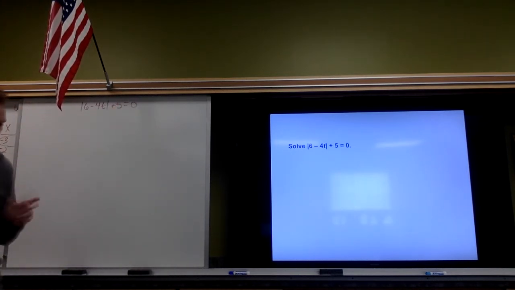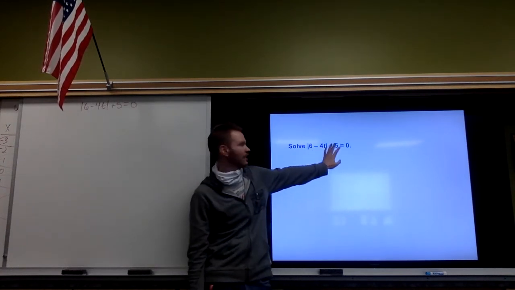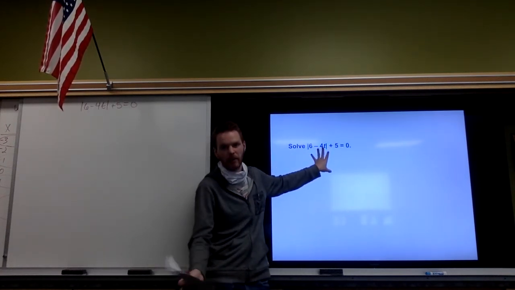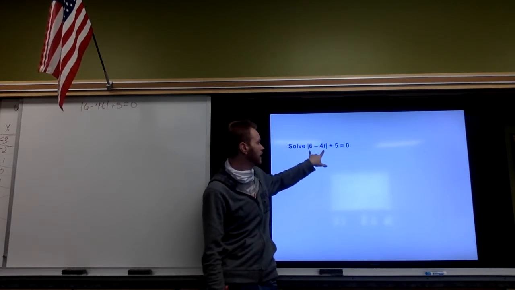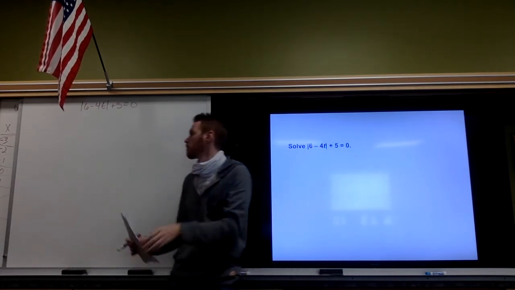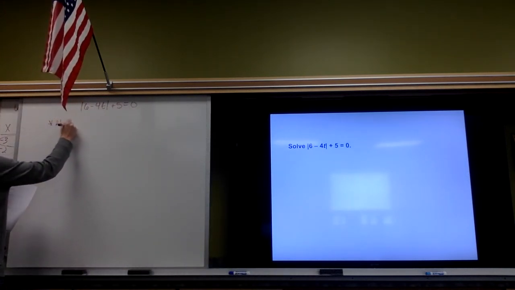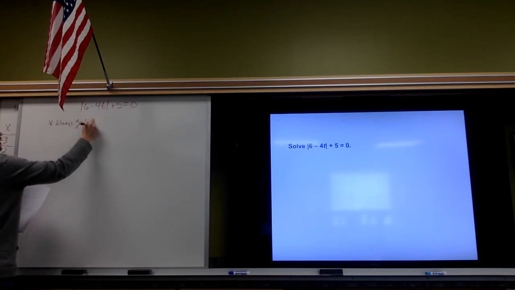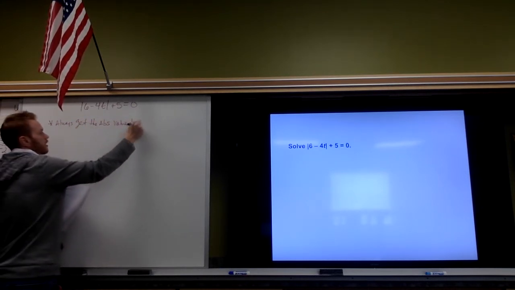Anytime you have an absolute value equation that has stuff with it, like this plus 5 with this, right? We never encountered a problem like that before. Before I evaluate this, I have to get the absolute value by itself. Let me write that down. You want to always get the absolute value by itself.